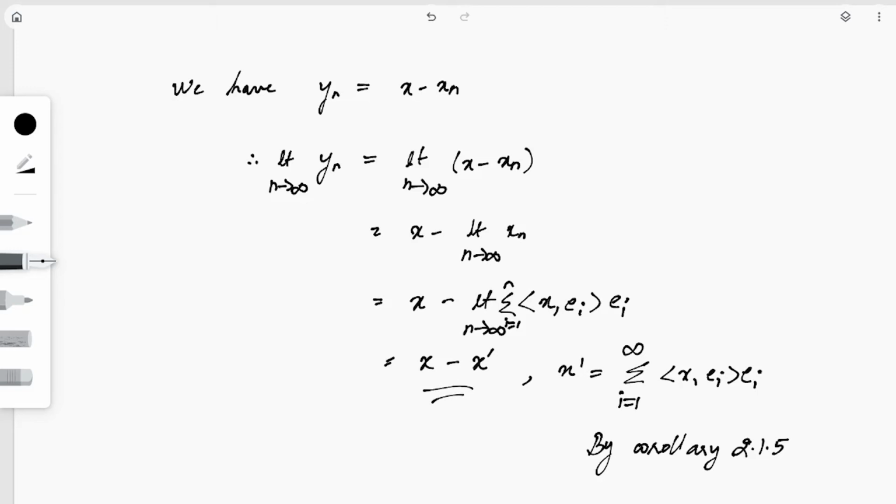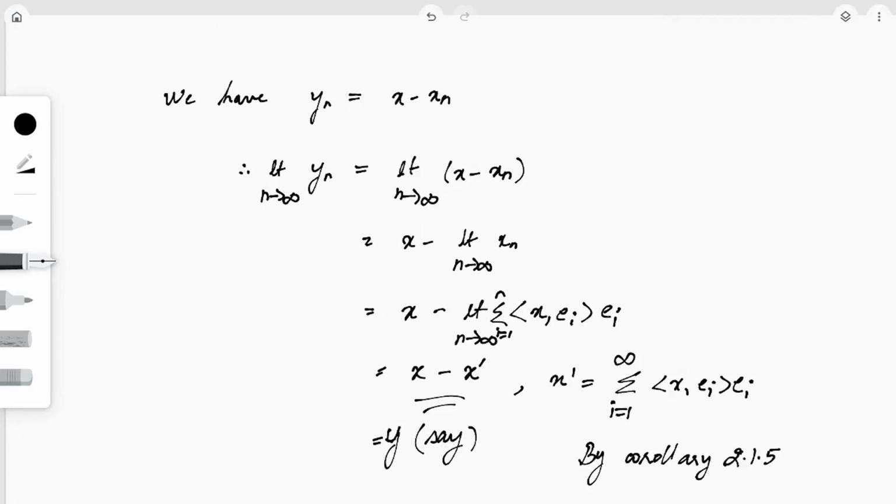So I'm going to call this x minus x dash equal to y. I'm just going to rename it. So the limit of yn exists. Now, as the limit of yn exists and it is y, I can say that norm T of yn tends to norm T of y, right?